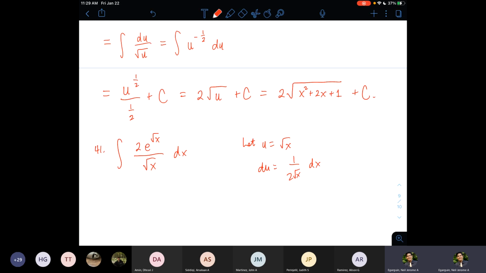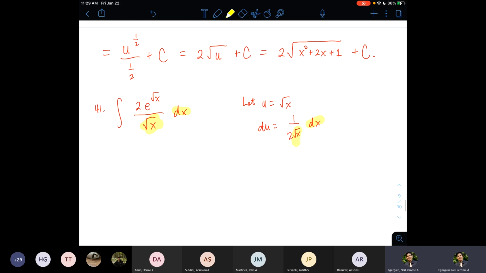You will find dx over root x there, and that would be your du. But actually, I guess this is sufficient. So I thought this will not work, but actually it did work, because everything that I need is present in here. I was thinking to let u be equal to the square root of x because it is in the exponent of e, but the denominator happens to be the same thing.